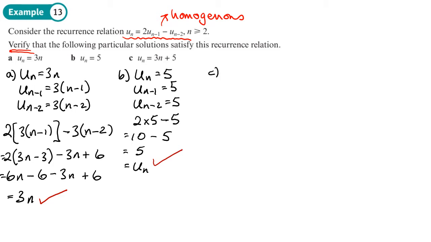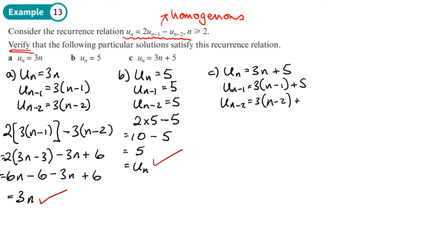And then the last one, we have un equals 3n plus 5. And notice that 3n plus 5 is a combination of these two put together. So un minus 1 will be 3(n minus 1) plus 5, and un minus 2 will be 3(n minus 2) plus 5.